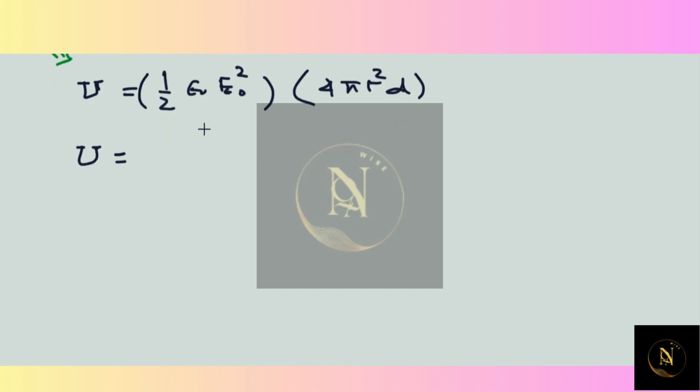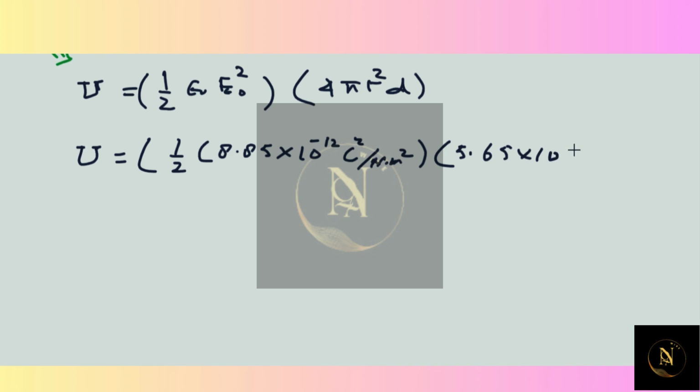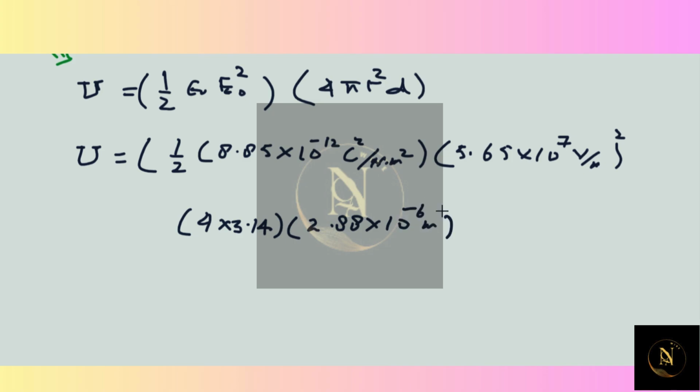Capital U is equal to 1 divided by 2 into 8.85 multiplied by 10 raised to the power minus 12 coulomb squared per newton meter squared, into 5.65 multiplied by 10 raised to the power 7 volt per meter, whole squared, into 4 multiplied by 3.14 into r, which is 2.88 multiplied by 10 raised to the power minus 6 meter, whole squared, into d, which is 5.0 multiplied by 10 raised to the power minus 9 meter.